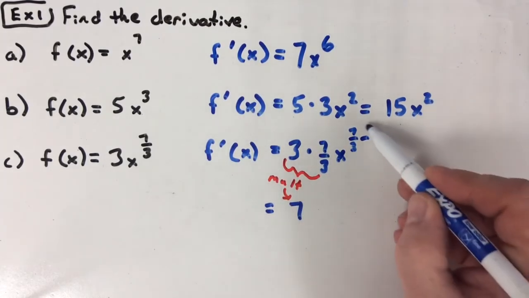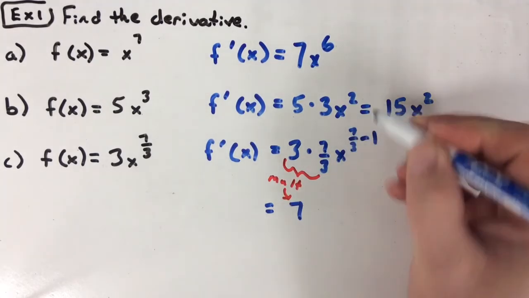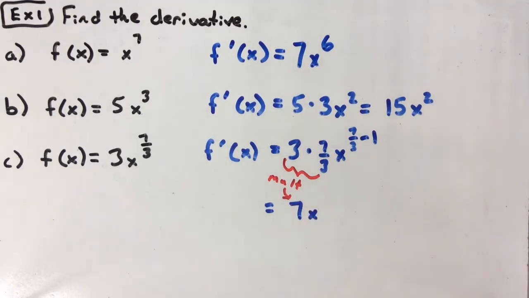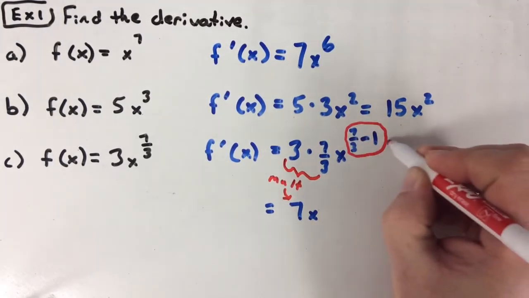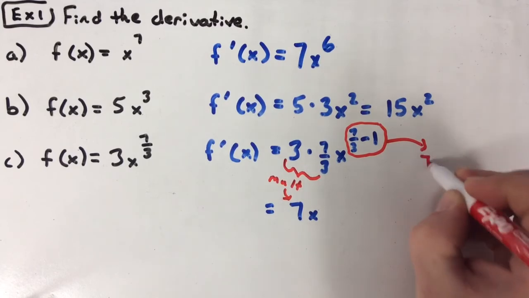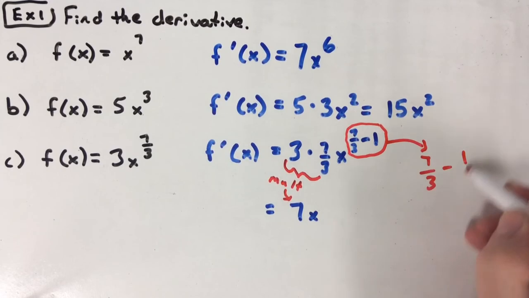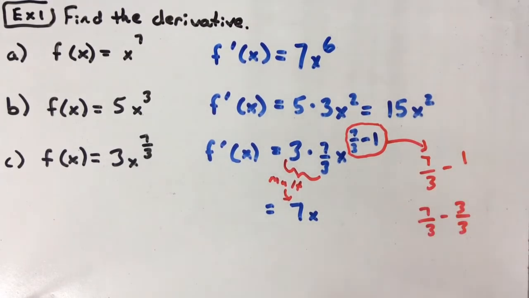And then from there, we do need to reduce our exponent by 1. So we have 7/3, that's what it was originally, and we want to subtract 1 from that. So again, you can grab your calculator, or you could find a common denominator and do this by hand. That's not very hard either. We're doing 7/3 minus 1, but if you find a common denominator, we would want to think of that 1 like 3/3, and 7/3 minus 3/3, that is 4/3.